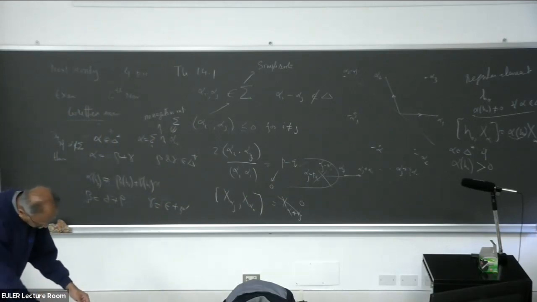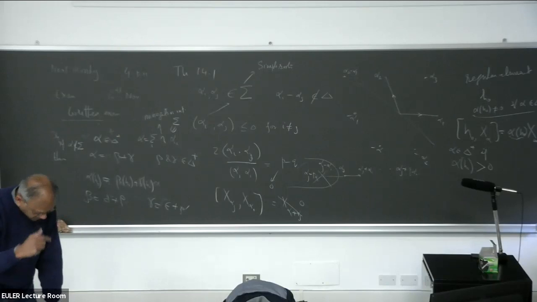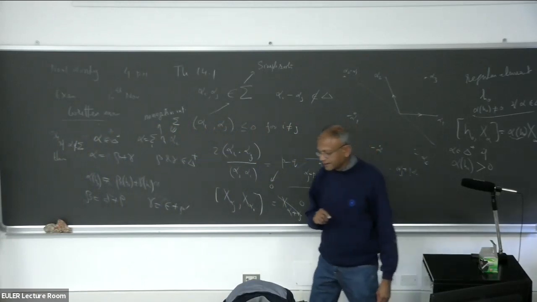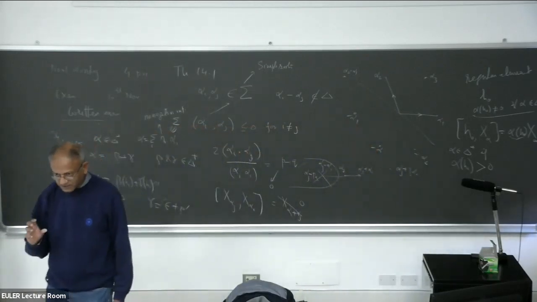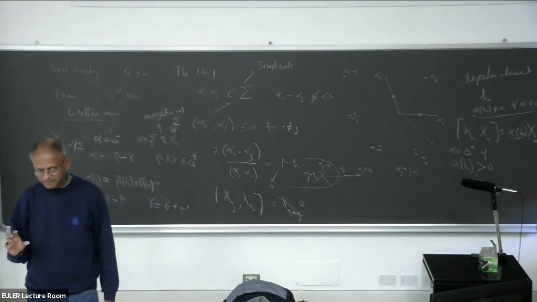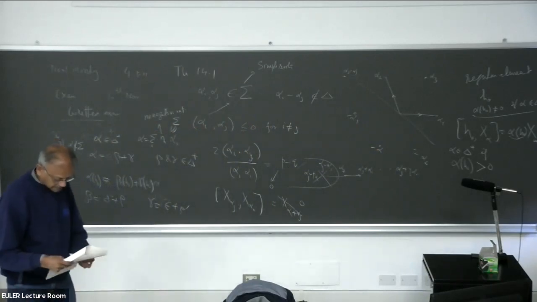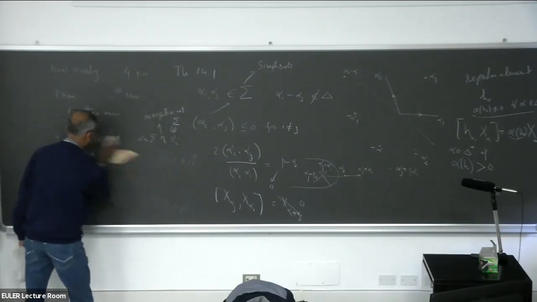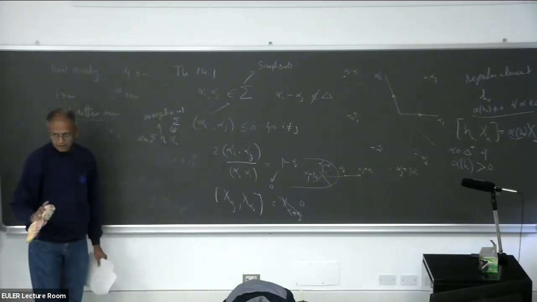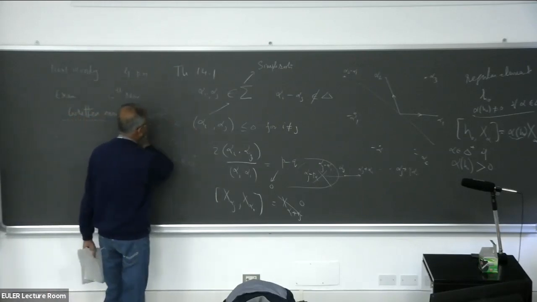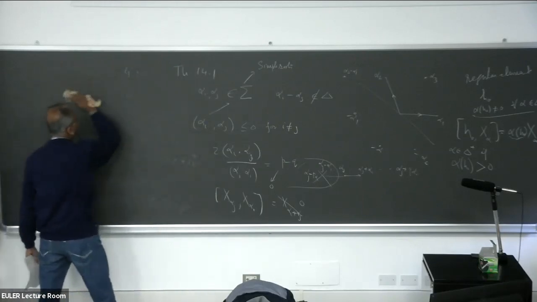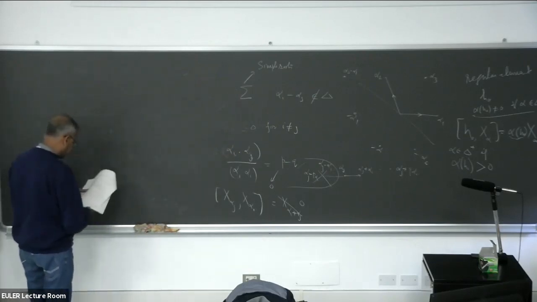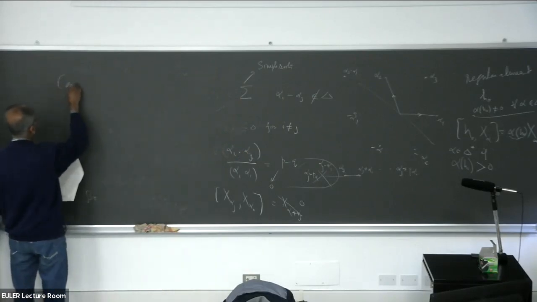Now let's go to the very important thing: you can characterize each algebra by just specifying some minimal set of data. That minimal set of information, which uniquely fixes the algebra, is what is called the Cartan matrix.